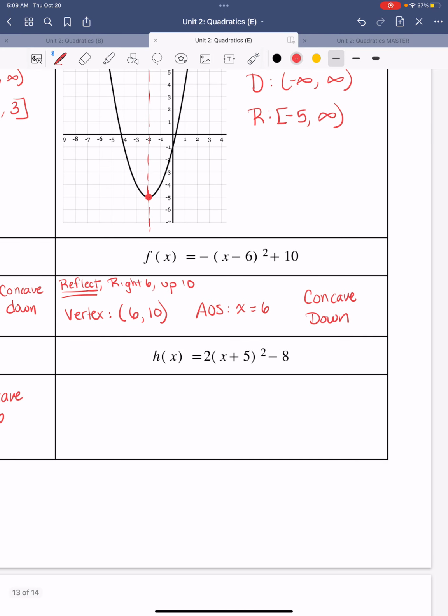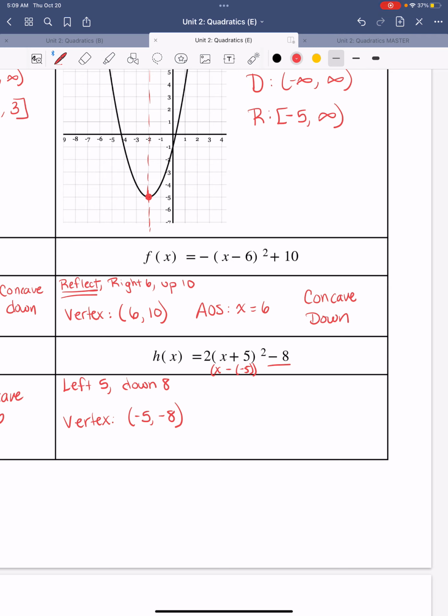Last one, I have x plus 5, which again means like x minus a negative 5. So my h value is negative 5. I'm moving to the left 5. This is a subtract 8, so I'm going down 8. So my vertex, left means negative 5, down means negative 8.